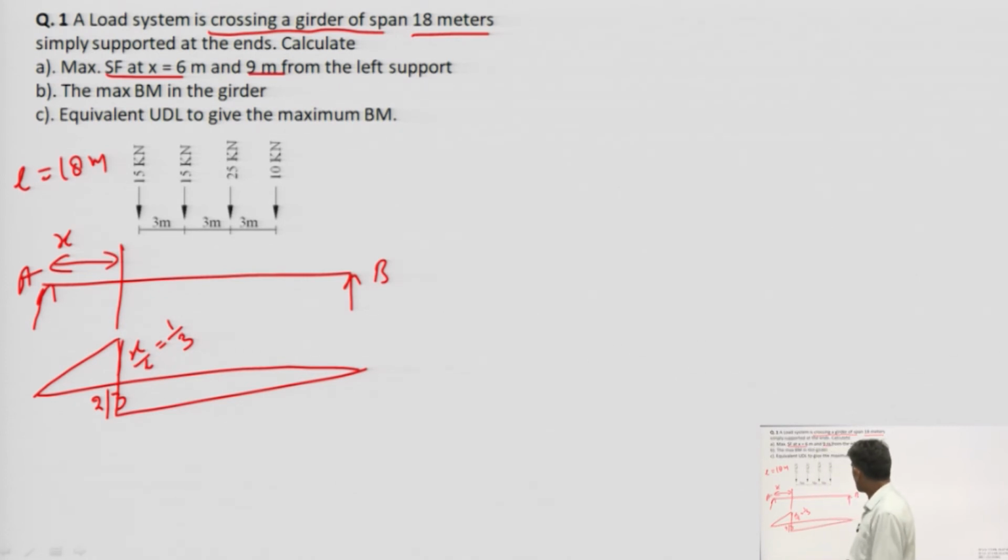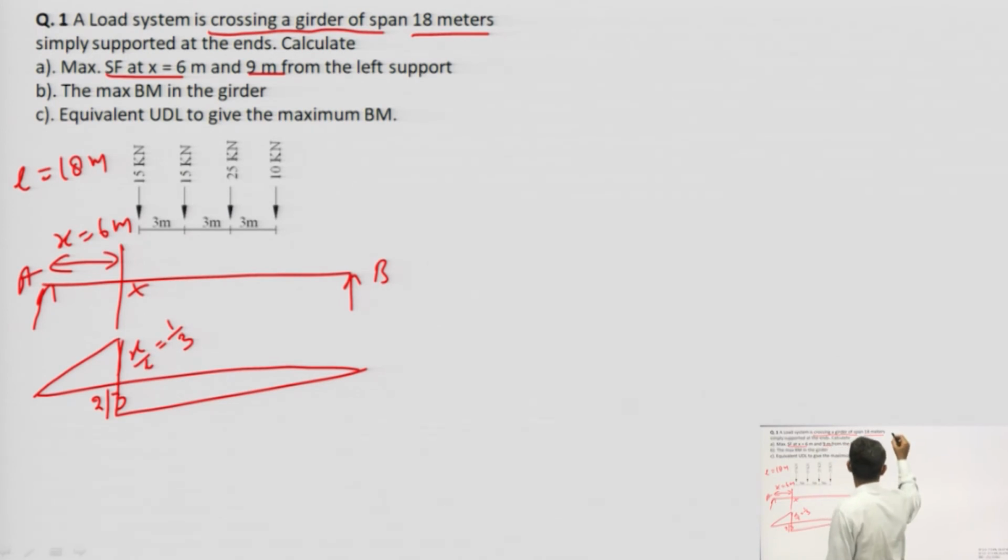In the first case, when x is equal to 6, since it is 6 meter, how much load will occupy segment AX?